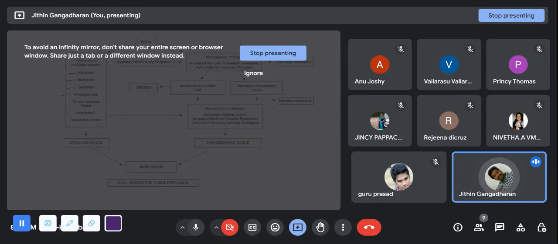I'm not saying that all of them will be released; which are released depends upon the source of the burns and the area involved. Then tumor necrosis factor, TNF, and interleukins. Kindly note these are the main inflammatory mediators in the body.